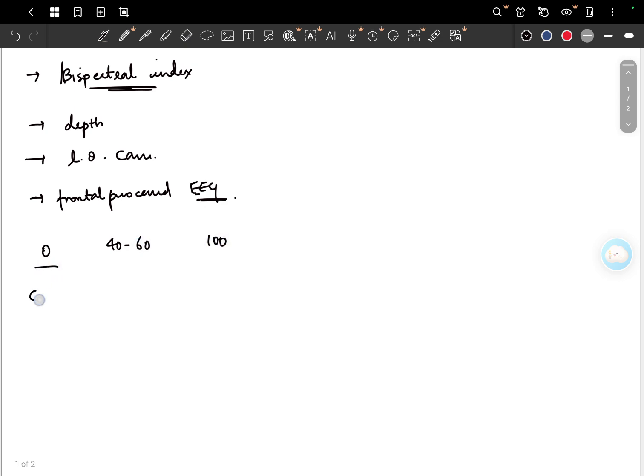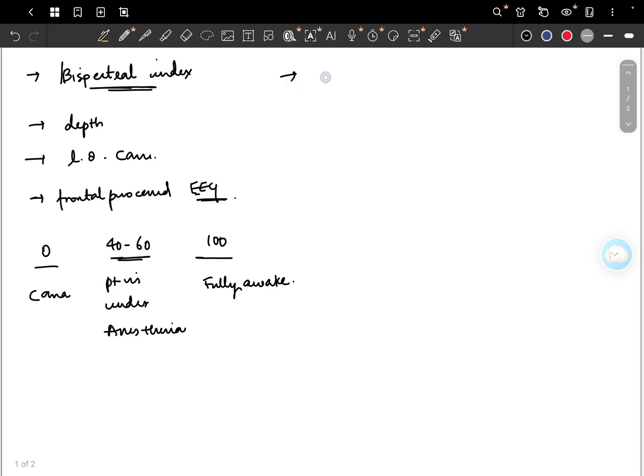So 0 means patient is in coma and 100 means patient is fully awake, and 40 to 60 means patient is under anesthesia. So this is how you will be having the scale.